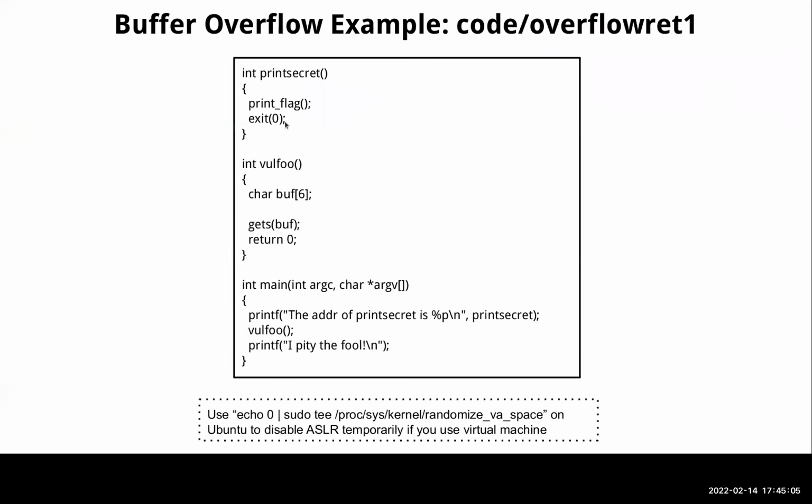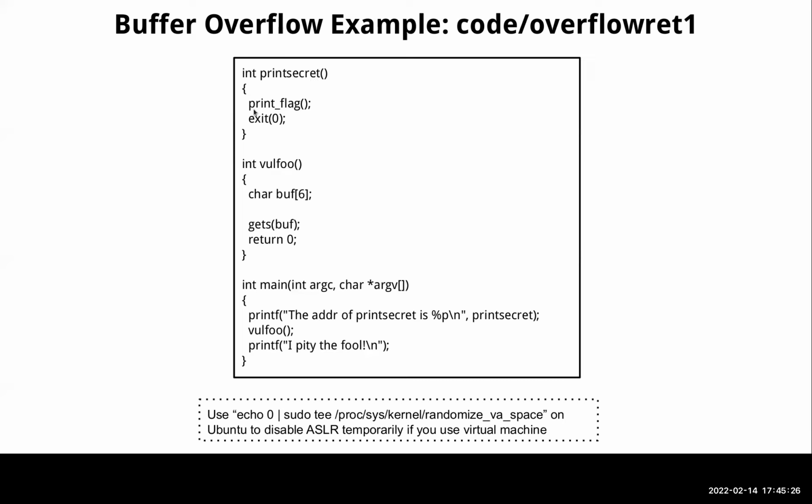The reason is here. When you call this print secret function, before the function returns, it calls exit. Exit means the whole process will exit, so this print secret function never returns.